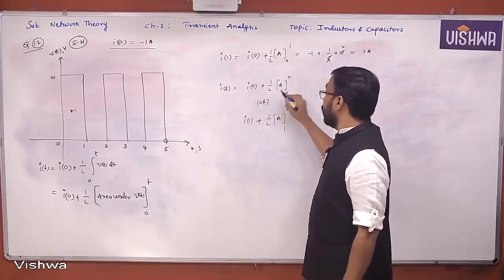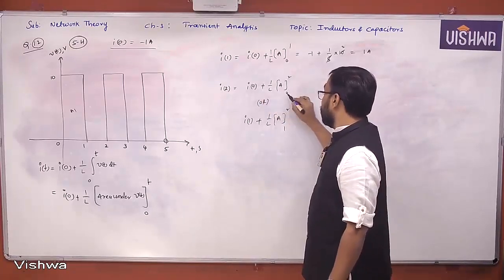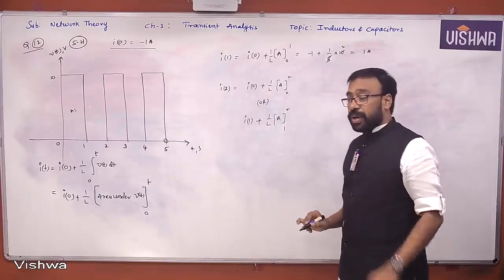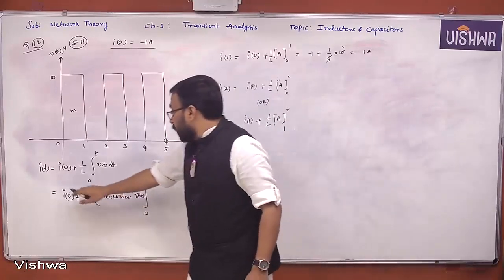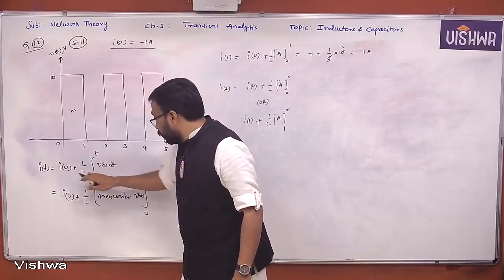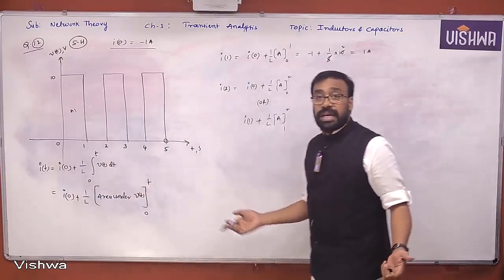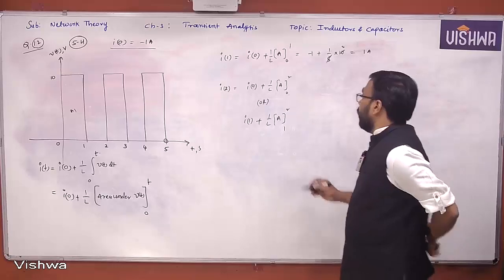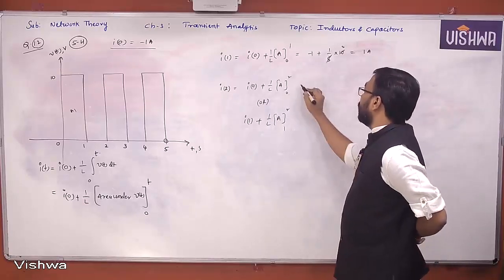If I take 0, here it is 0. If I take 1, here it is 1. Hope you understand the point. Simple. If it is 0, this is 0 to t. If it is 1, 1 to t. If it is 2, 2 to t. Like that I can take. Understand all of it? Therefore, anything you substitute here doesn't matter. You'll get the same answer.